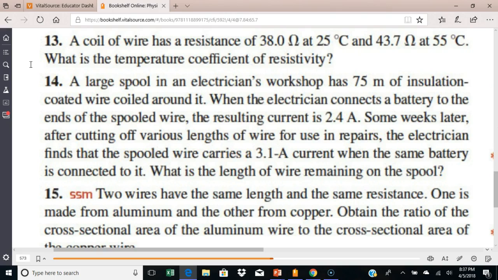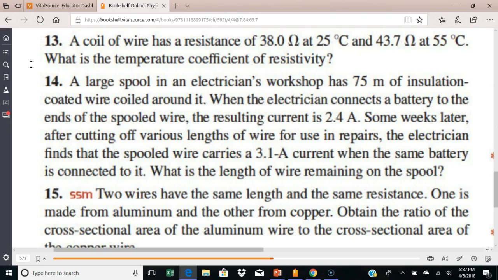So basically, you cross everything out, and the length is proportional to the current divided by the... so it's an inverse relationship. If the current goes up from 2.4 to 3.1, the length of the wire has to go down.